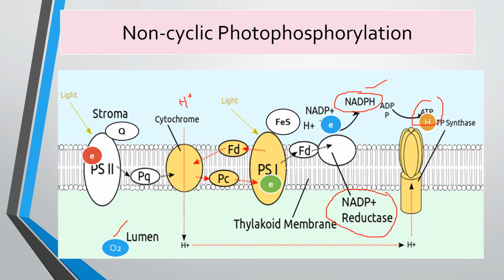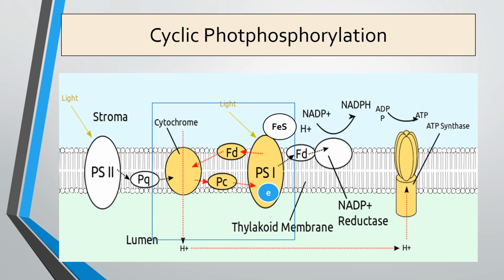So now we will go to the cyclic photophosphorylation. I drew a box here which we will be focusing on. Cyclic photophosphorylation only involves photosystem 1.